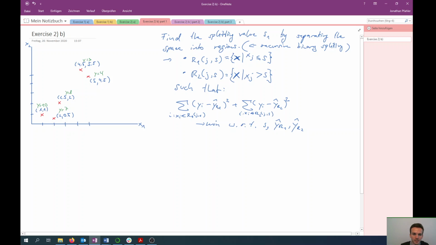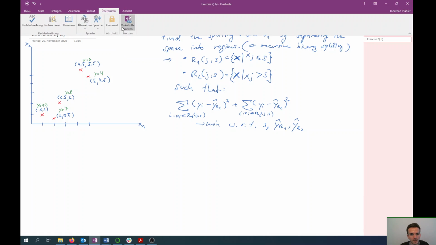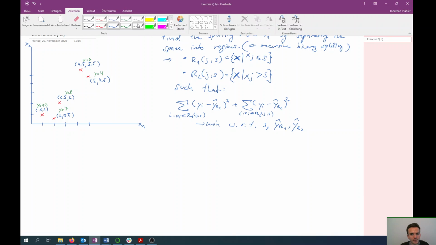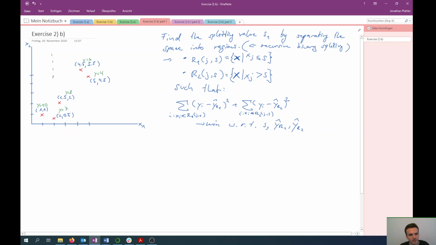And what we will do now is we will split our feature space after every point, and after every split we have a look. We calculate the loss, pretending that we use the split, then save the loss.